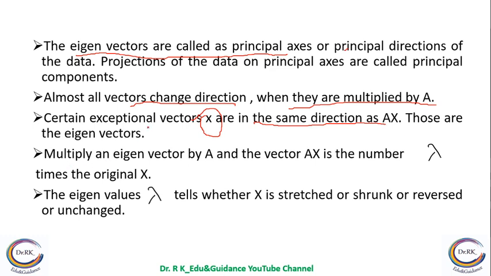Those are called eigenvectors. When we multiply an eigenvector by A, the vector Ax is lambda times the original length. So Ax equals lambda x.